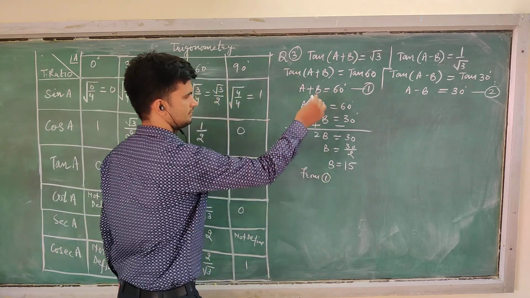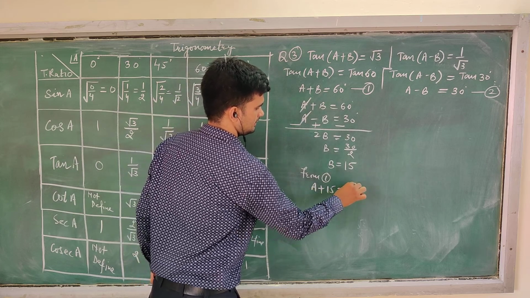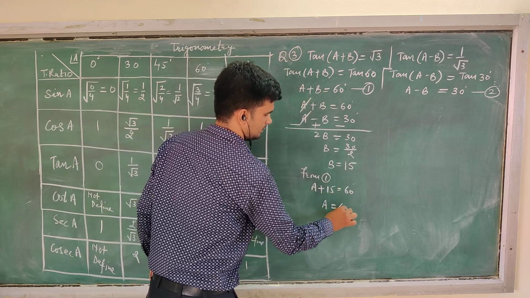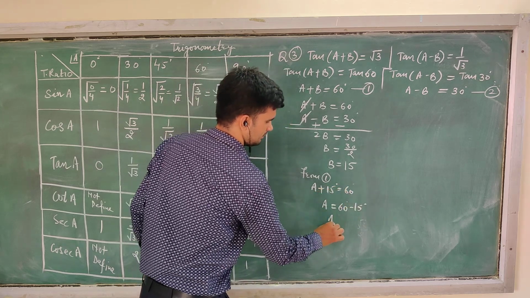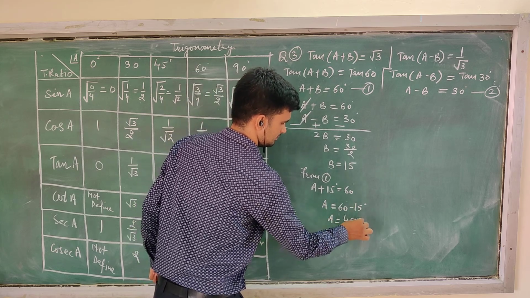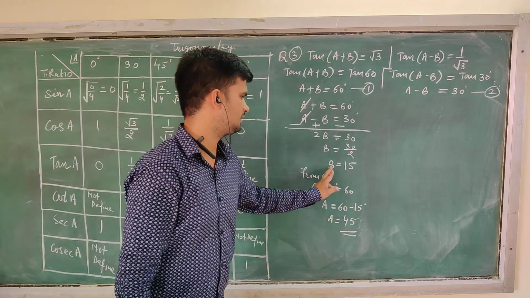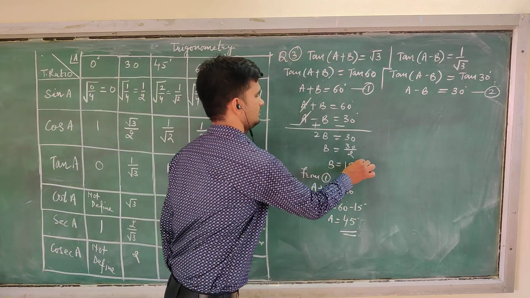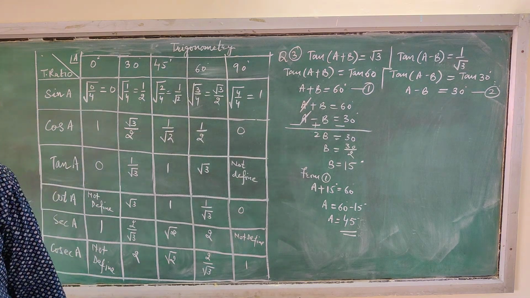From the first, A plus 15 is equal to 60 degree. A is equal to 60 minus 15 degree. So A is equal to 45 degree. Now see, A is greater than B. Right, so your answer is angle A is equal to 45 degree and B is equal to 15 degree.